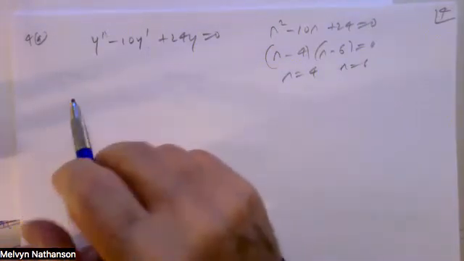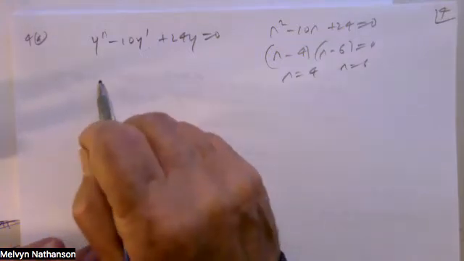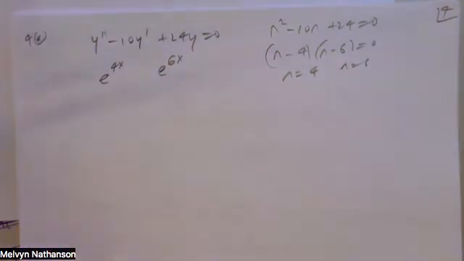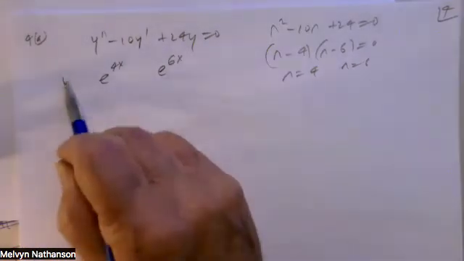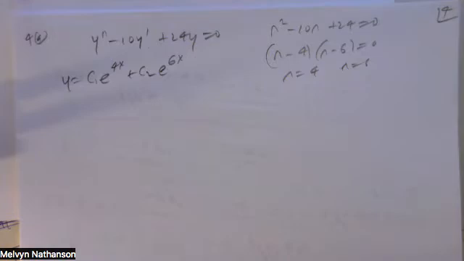So for this equation, we have two exponential solutions, e to the 4x and e to the 6x. And the general solution is any linear combination of these: y equals C1 e to the 4x plus C2 e to the 6x.